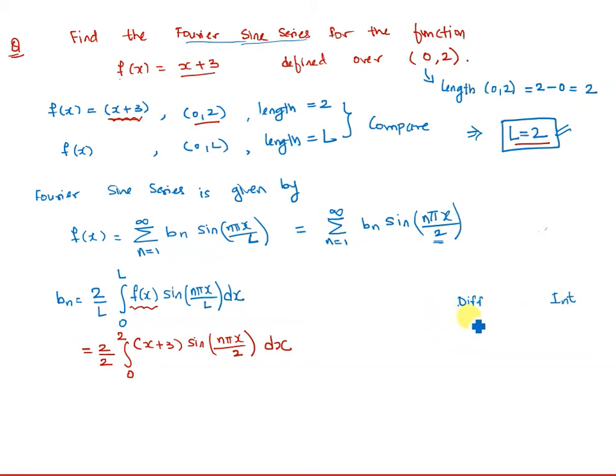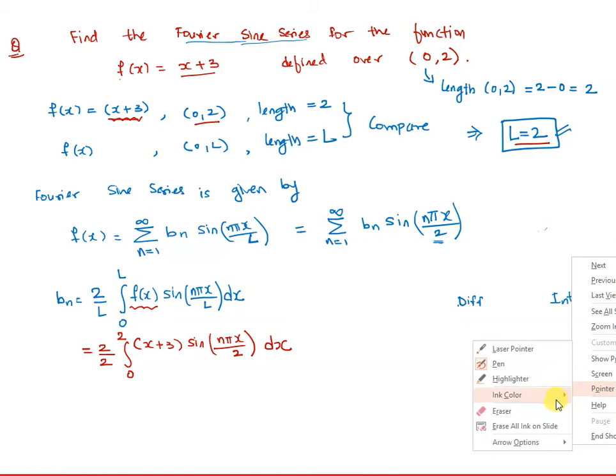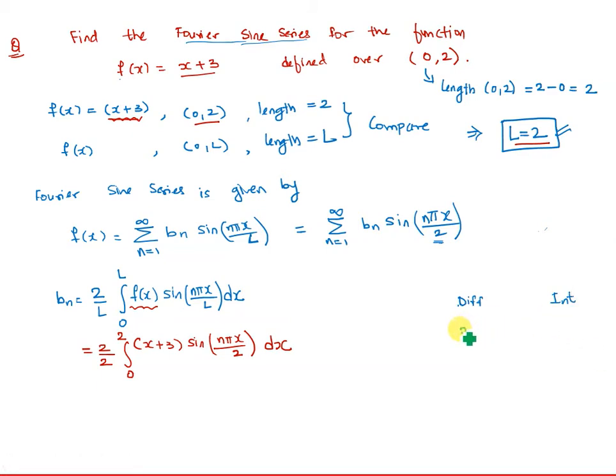For derivative we will use the function x plus 3 because this is algebraic and it is in such a way that after certain derivatives it becomes 0. And here it is sine n pi x over 2.